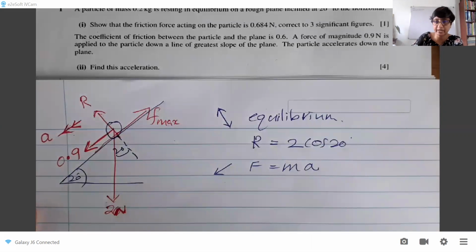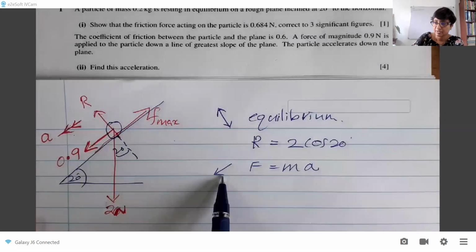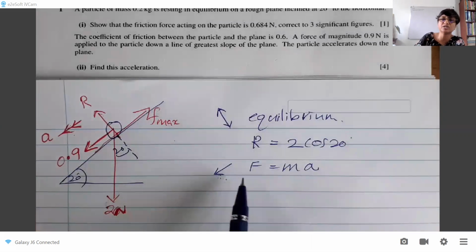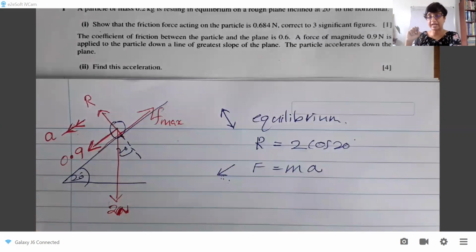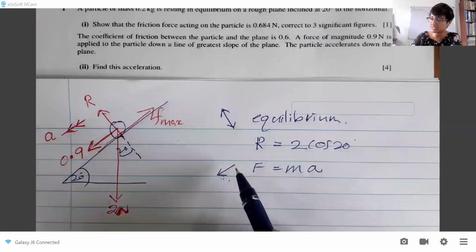It's a vector equation. If you don't have this arrow put, your working is not good. You can't just write F equals ma without saying in what direction you are applying it. It's a vector equation, just like equations of motion. So it's downwards F equals ma.